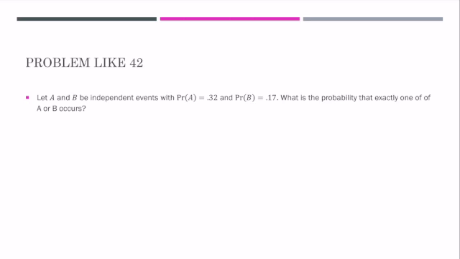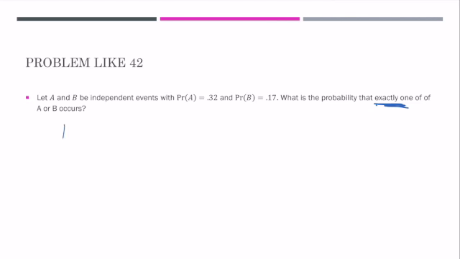Next, let's do a problem like 42. If A and B are independent events and the probability of B is 0.17, what's the probability that exactly one of A or B occurs? So in this case, I don't want both A and B to occur. So I need to calculate the probability of that intersection.